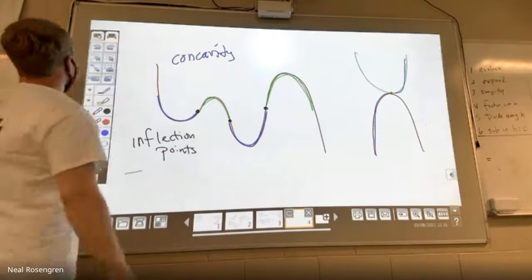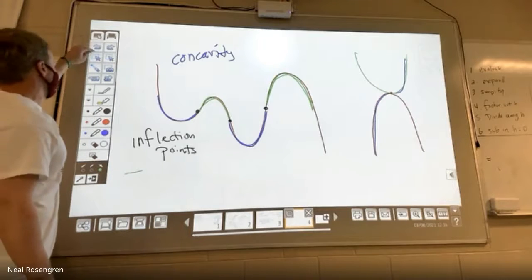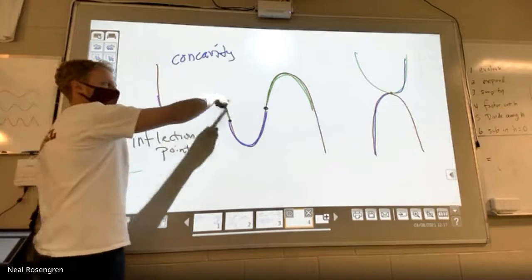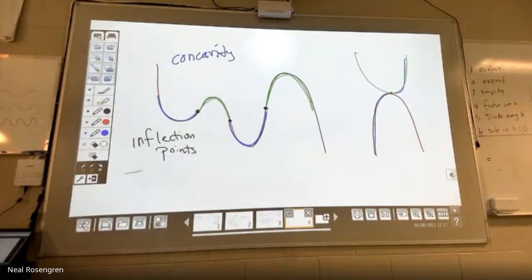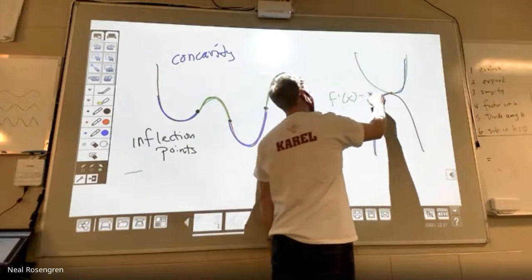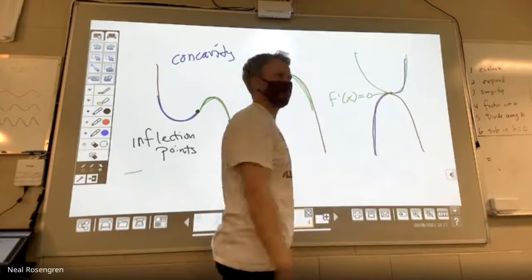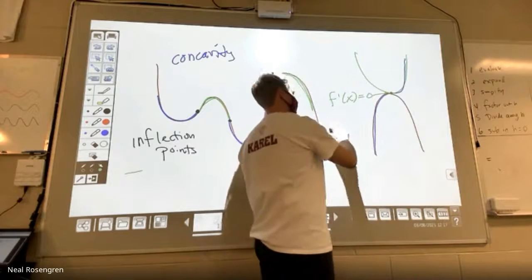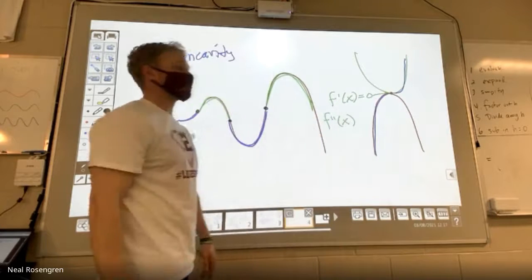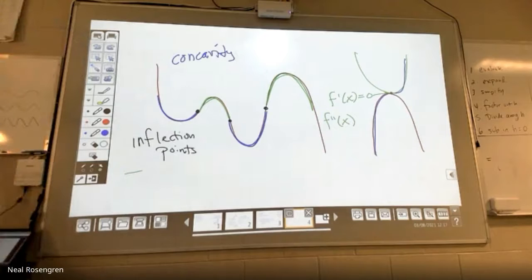So what we're looking at are two sections of this graph, one that is concave up and one that is concave down. At this point right here, the derivative is 0. Getting ahead of myself. The second derivative is not, and we'll talk about that. Inflection points is what we're getting to.